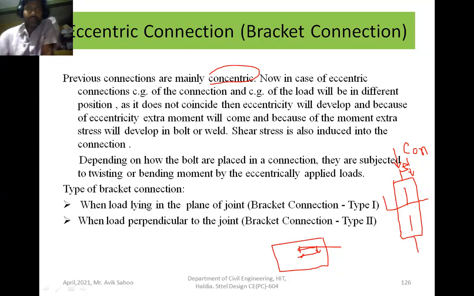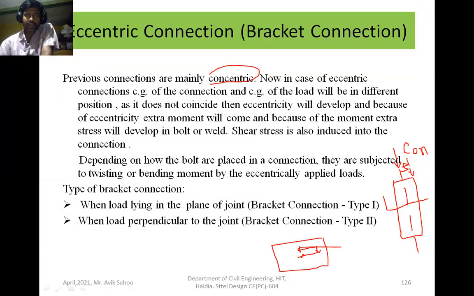Come to the eccentric connection. So I hope that you understand the concentric load and eccentric load. So eccentric load is basically the load applied far from the CG.